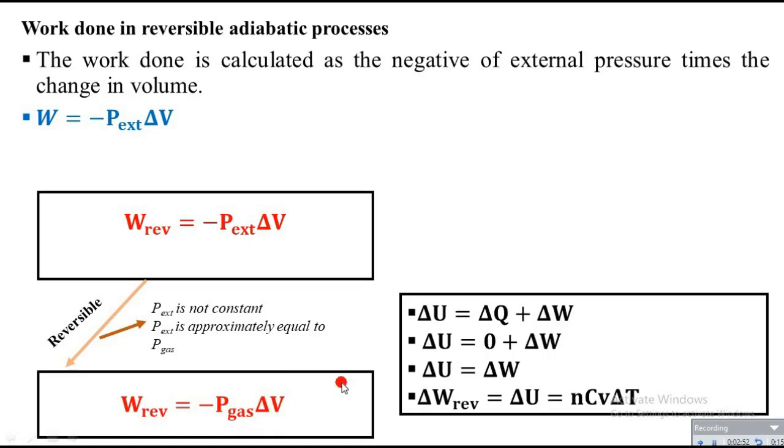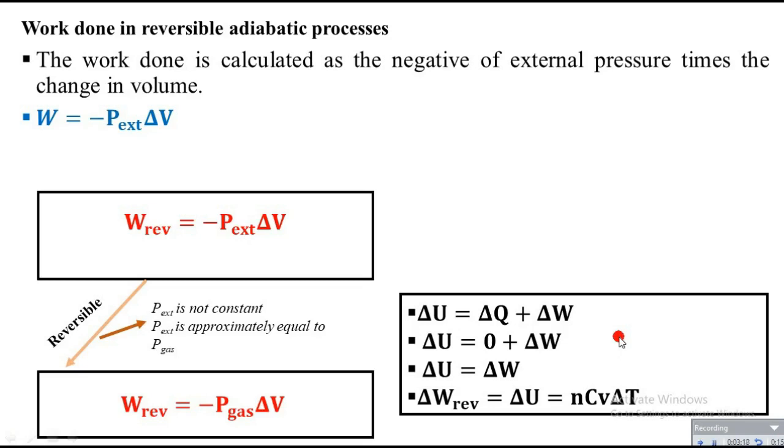So dU is equal to dQ plus dW, and dQ is equal to 0, so dU is equal to dW. Then the work done, reversible, is equal to dU, which is equal to nCv dT. We have seen that this formula applies to either a reversible or irreversible process.